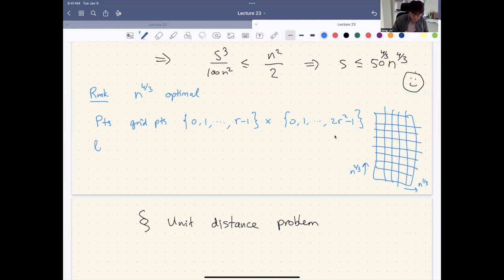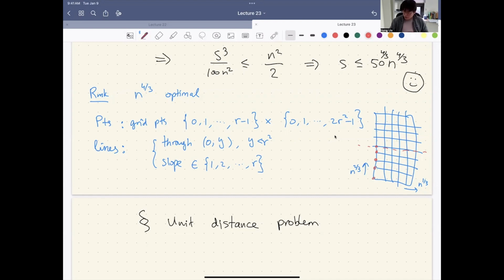What are the lines? The lines are all the lines passing through one of the points 0, y, where y is at most up to half this, and the slope is in the set 1, 2, up to r, which is n to the 1/3.